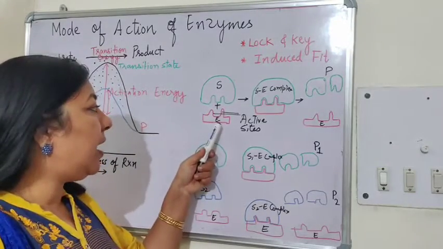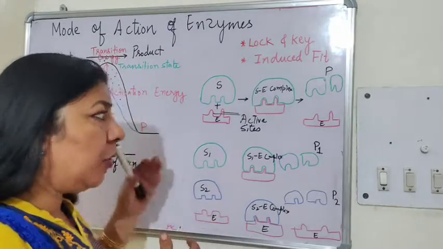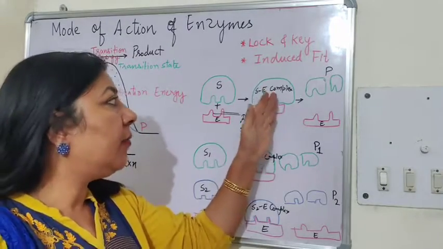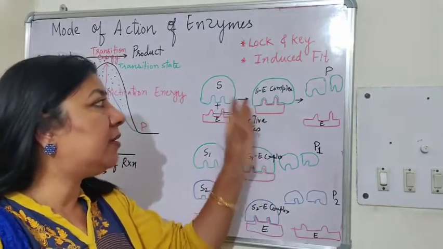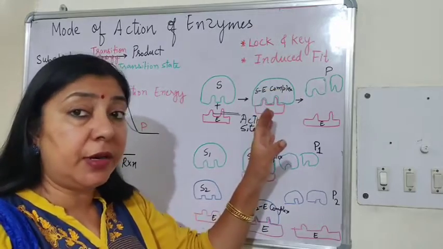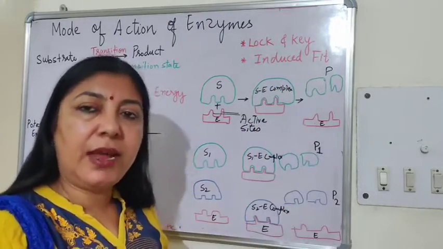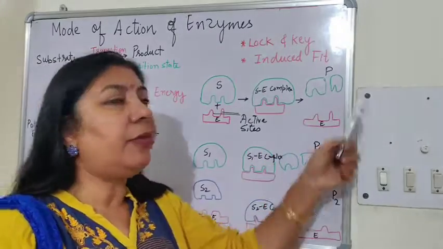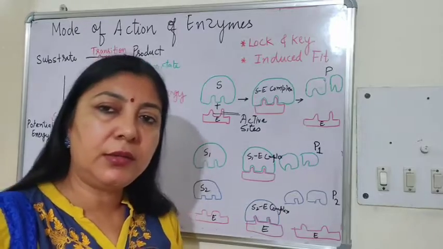When enzyme and substrate come in contact, by lowering the activation energy, a transition complex is produced, which is called the enzyme-substrate complex, a temporary state. And this enzyme, by lowering the activation energy, breaks down the substrate and converts it into product.